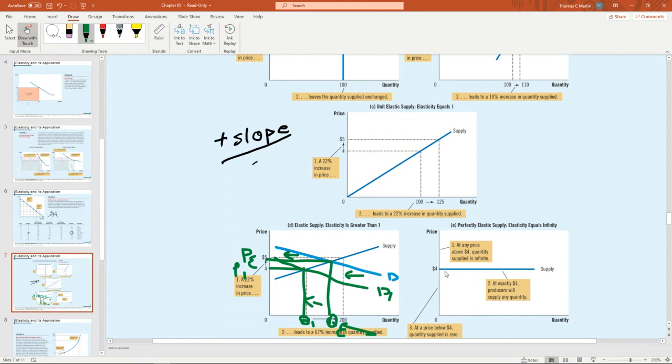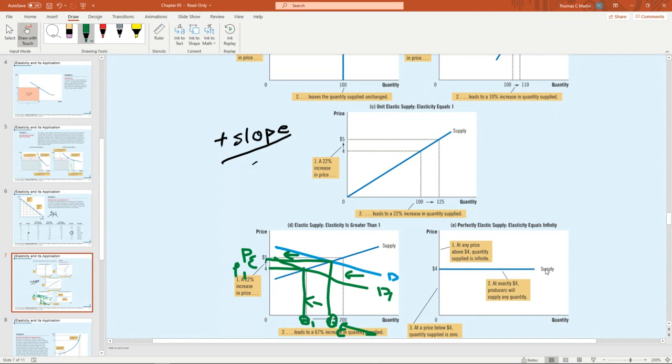You could actually have something like this, where it's perceived that the supply for the marketplace is perfectly elastic. Just like we saw with the demand curve. On the demand curve, if the price of the product was 4, as long as it was 4 or less, the consumer would buy everything in infinite amounts.